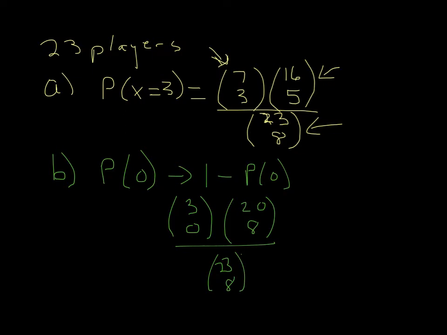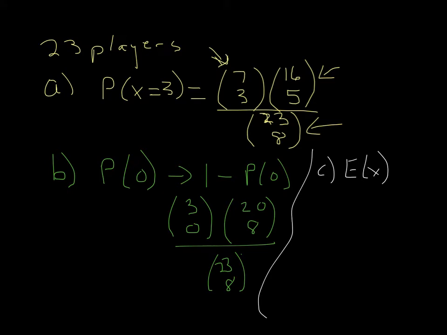And then the last question is asking about the expected value. I'm just going to write it over here so I don't have to move the page up. So expected value is just the probability of something happening times the number of things that are happening. And so in this case, they are asking about the number of forwards, and there are 13 forwards.